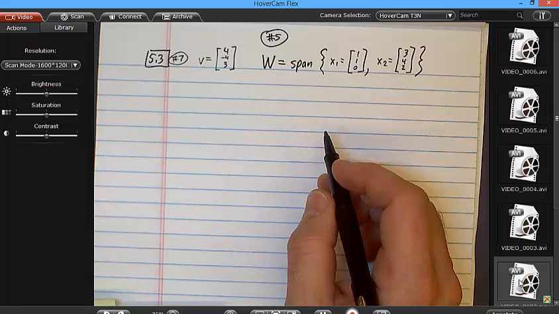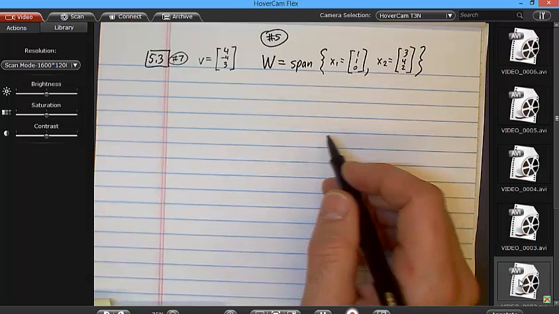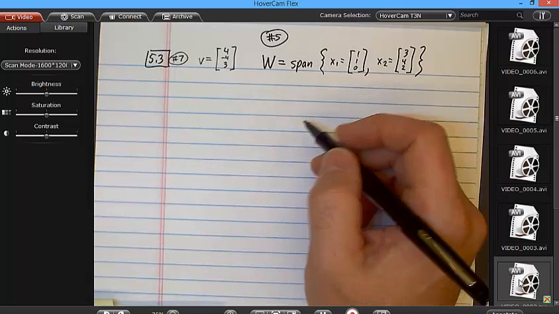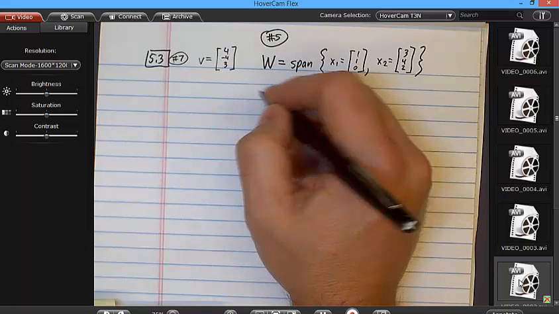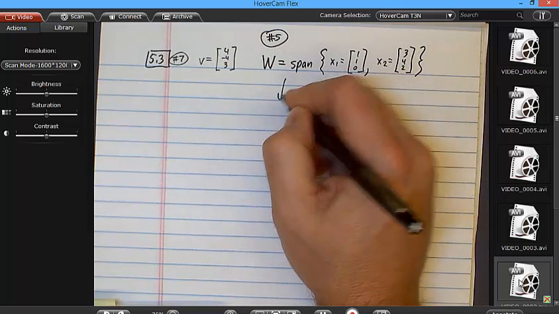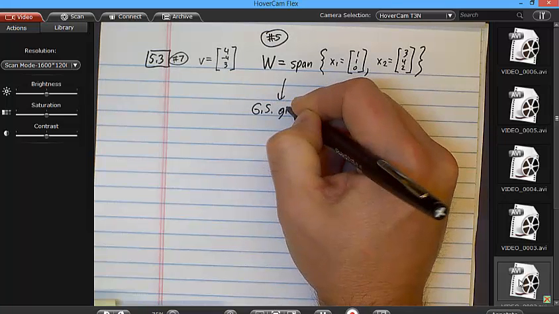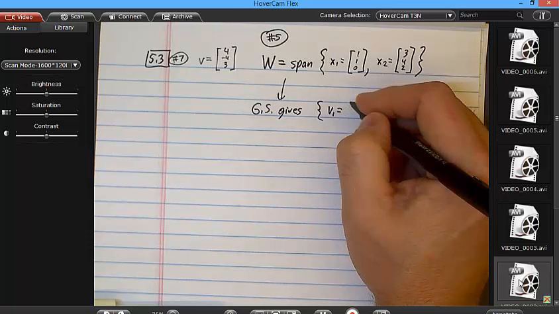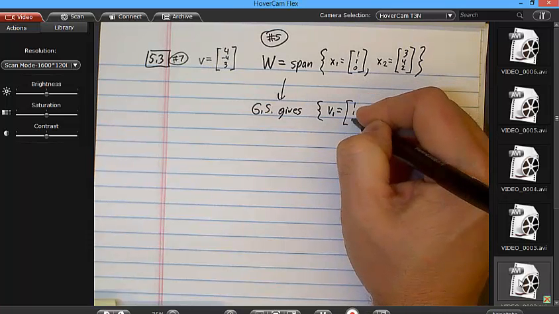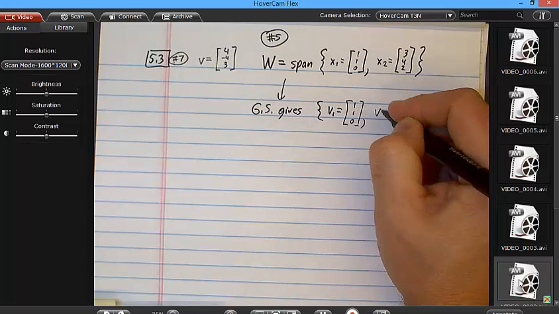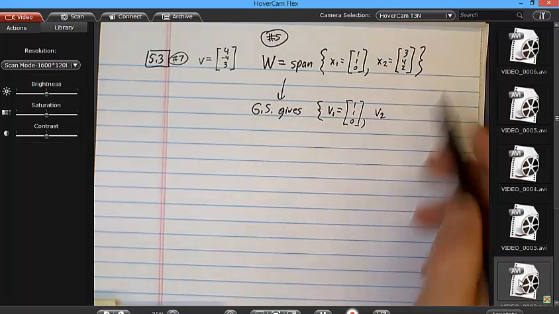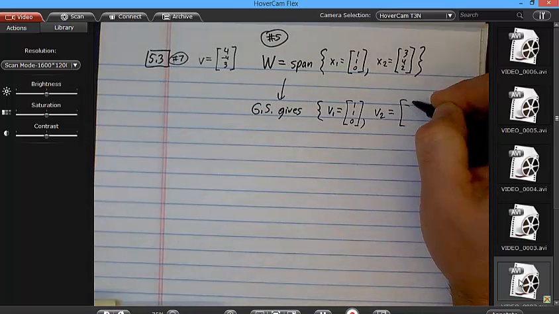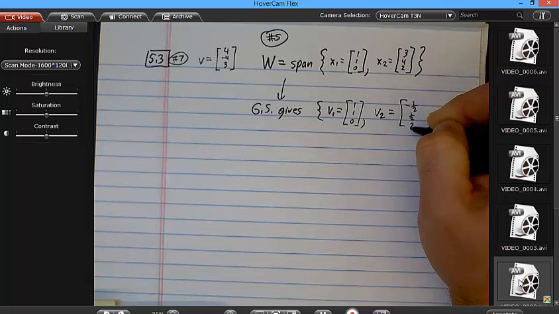And now, if you want, I can just give you what V2 is. Oh, okay, so then you did Gram-Schmidt to it? Yeah. So you said, using Gram-Schmidt, and that'll give me an orthogonal basis. V1 equals, did you keep it 1, 1, 0? Yeah. Okay. And then V2, of course, that's going to change. We're going to project that, subtract, and all that. And what do we get? -1/2, 1/2, 2.